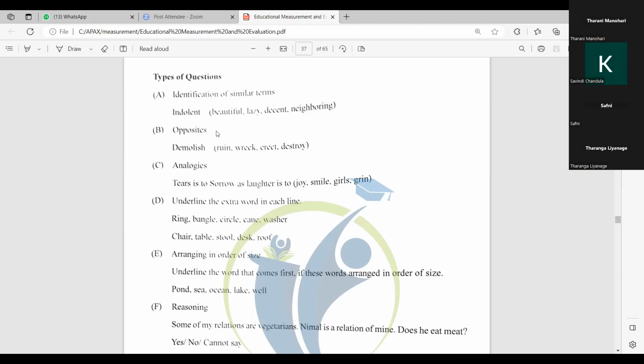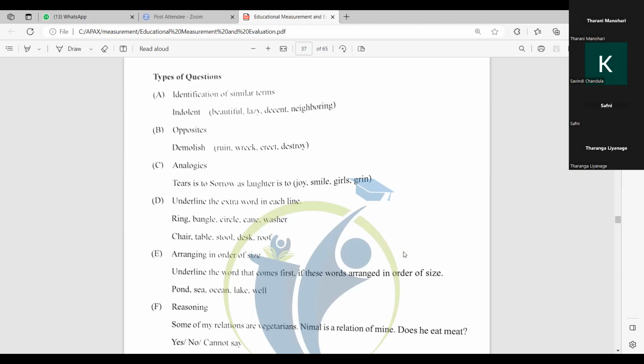Then finding opposites, and analogies, like tears is to sorrow as laughter is to what? So that is an analogy. Underline the extra word in each line. All these are like verbal intelligence tests. Some list items are given, and one is not matching, so you have to select the odd one out.